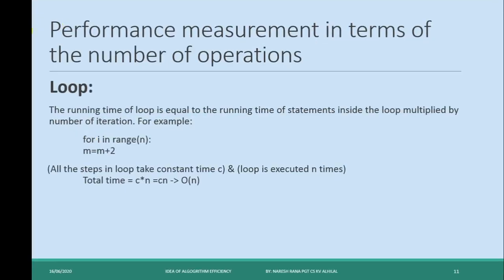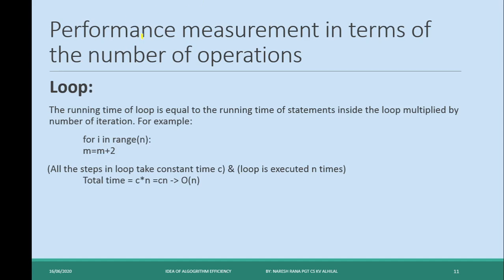Loop: the running time of a loop is equal to the running time of the statements inside the loop multiplied by the number of iterations. For example, for i in range n, m is equal to m plus 2.